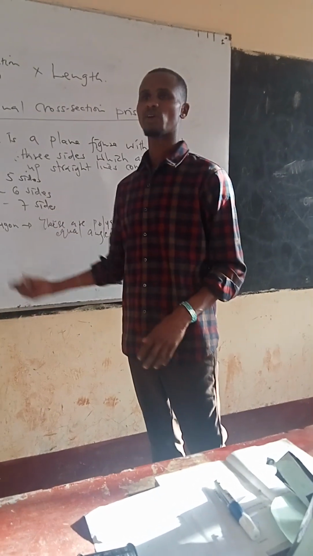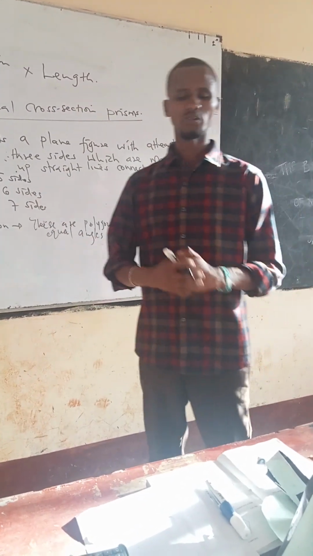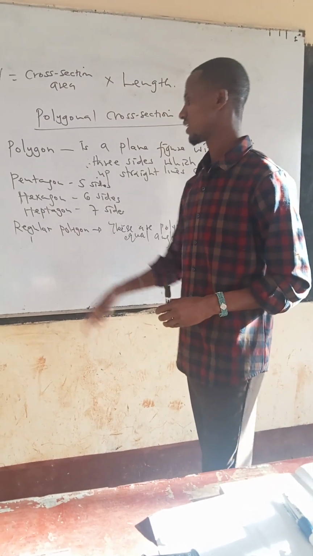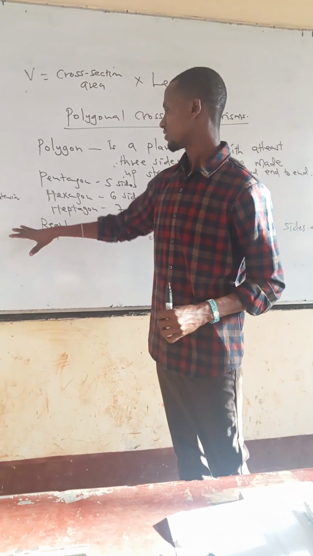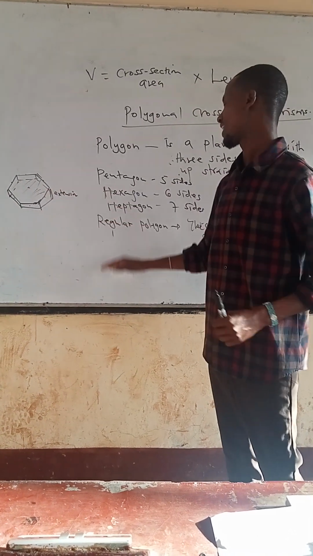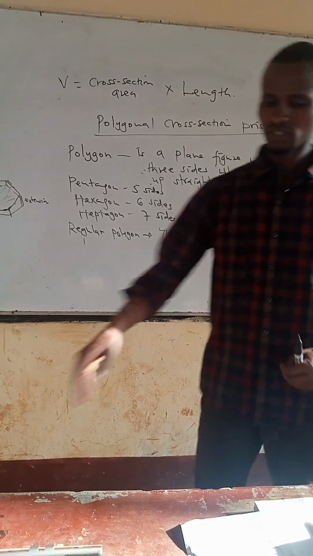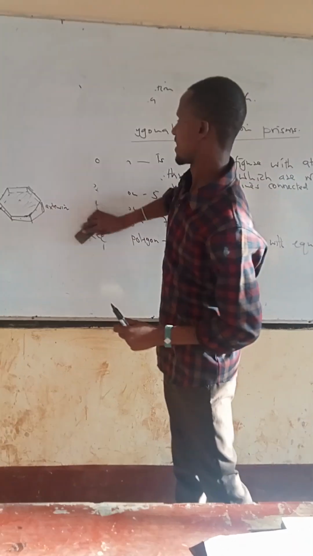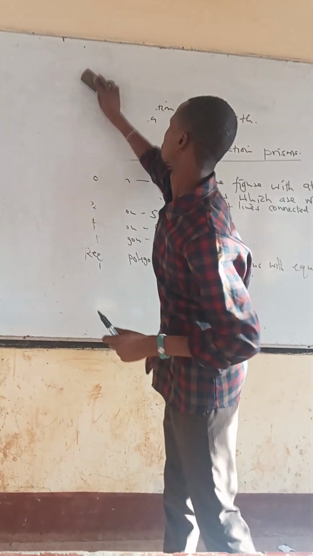Irregular polygon is the one where the angles are not equal and also the sides are not equal. So what we are going to consider today is the volume of polygonal cross-section prisms, whereby the polygon is a regular polygon. We have some examples which we are going to do together, and I hope you are going to enjoy it.